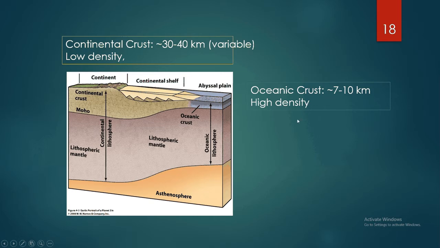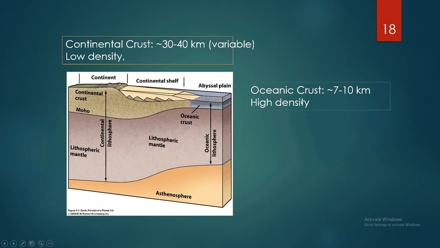So density means how many particles fit into the same space. So here we have more particles in the same block. For example, if we took a meter by meter block of the oceanic crust, and we took a meter by meter block of the continental crust, and we weighed those two blocks, this oceanic crust is going to be heavier than the continental crust, right?